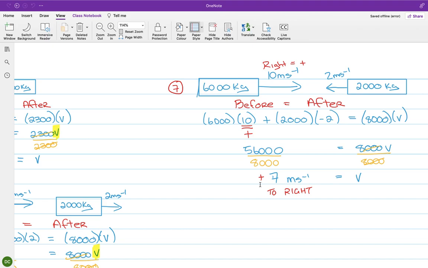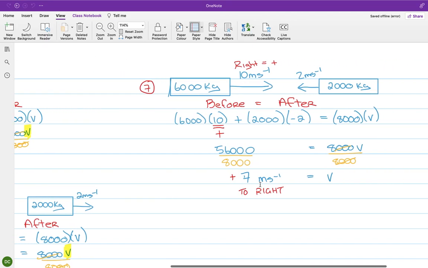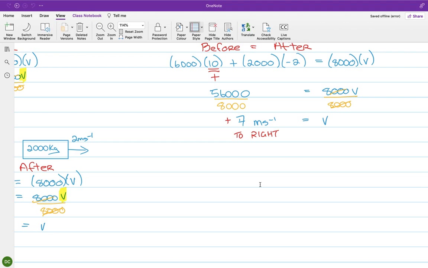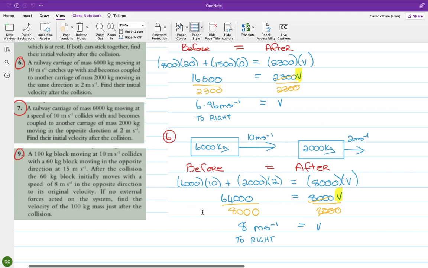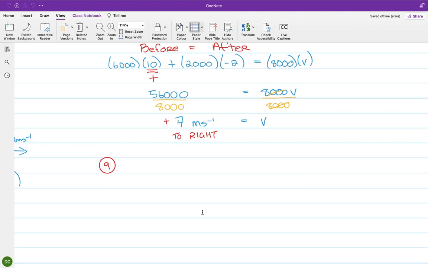Okay, and then the last one is 9. A 100 kilogram block moves at 10 meters per second.